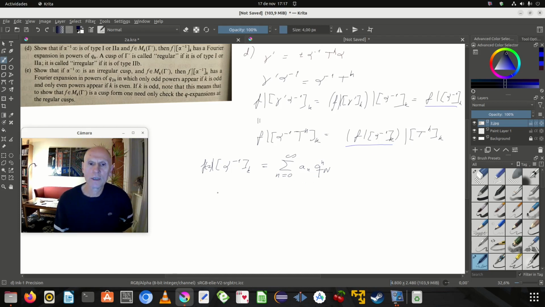Now let's apply T to h to that. And then z is displaced by h. This gives q to the nth.